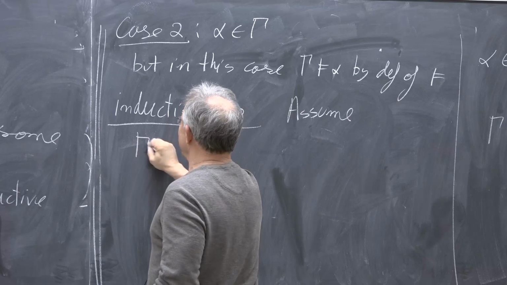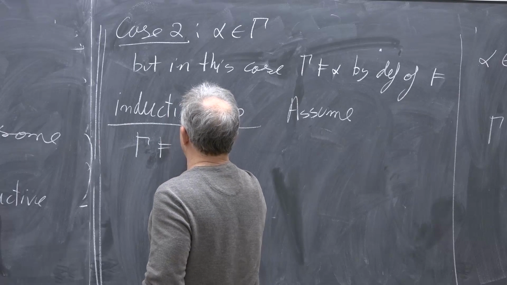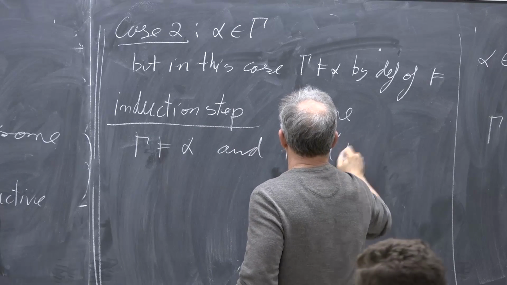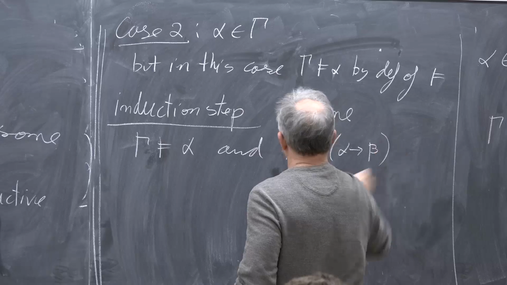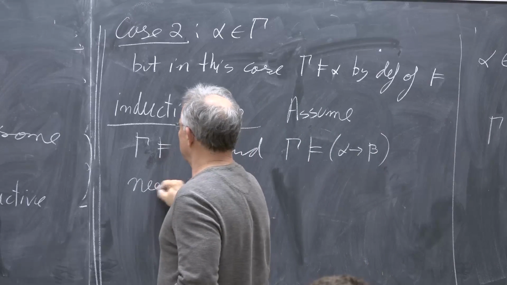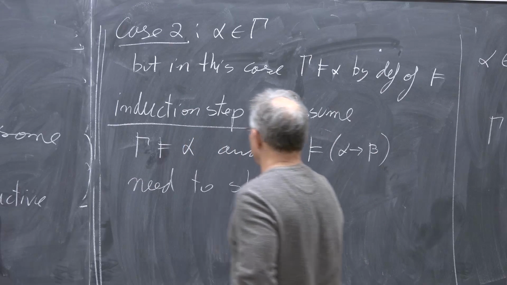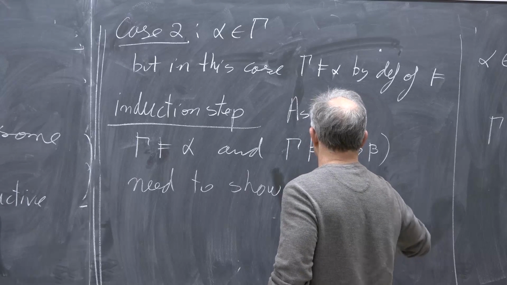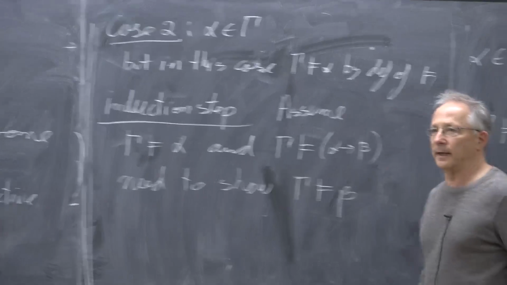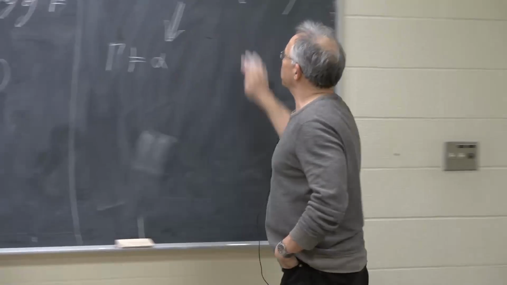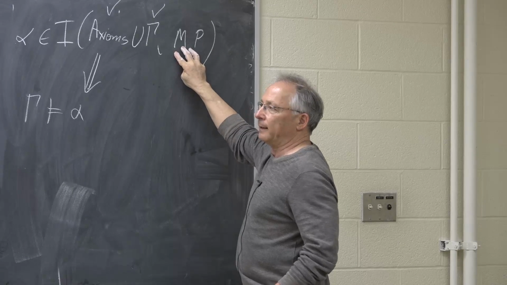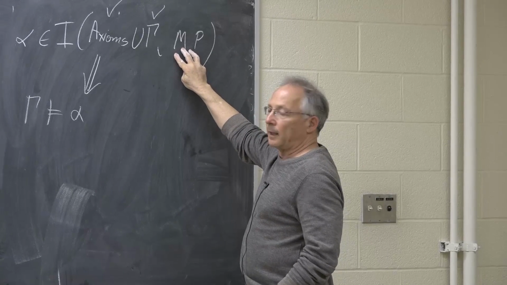Assume gamma logically implies alpha and gamma logically implies alpha arrow beta, and we need to show gamma logically implies beta. Because in the induction step, my operation is modus ponens. So the inputs to my operation were alpha and alpha arrow beta. The output is beta.